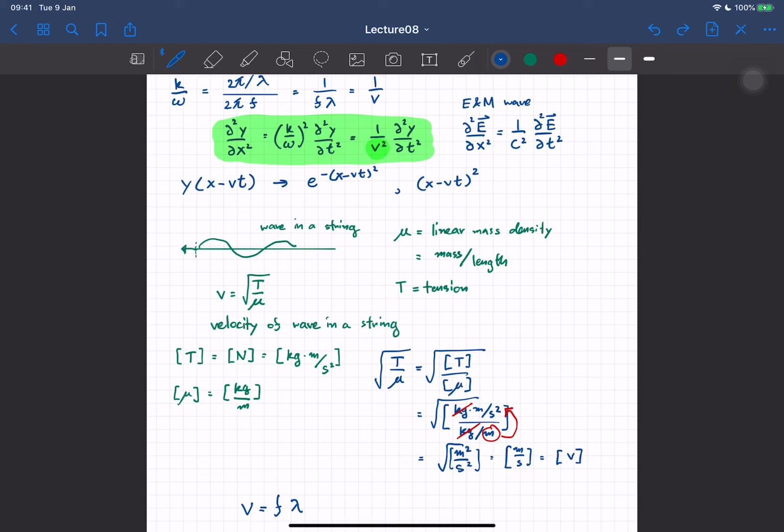Here you have the compression because all the molecular friends around this molecule concentrate in that one instant of time. Then sometime later they go away from each other, so it becomes less dense, so less pressure. So you can see the phase difference between these two waves, the displacement wave, the black one, and the pressure wave or the compression wave, which is the red one.